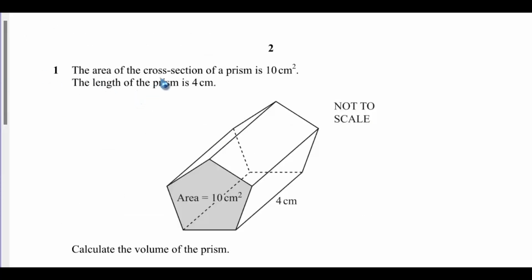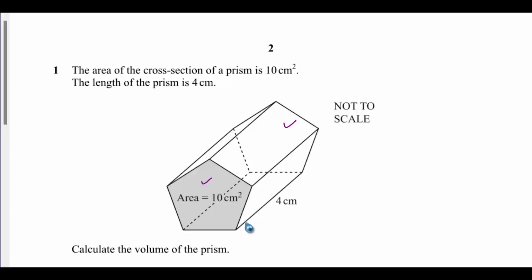The area of the cross-section of a prism is 10 centimeters squared. The length of the prism is 4 centimeters. Calculate the volume of the prism. You already know that the volume of a prism is the cross-section area multiplied by the length between the two cross-section areas. So this is the first one, and this is the second cross-section area.